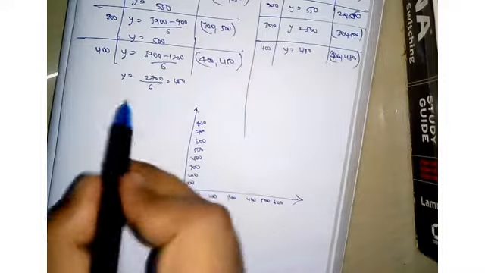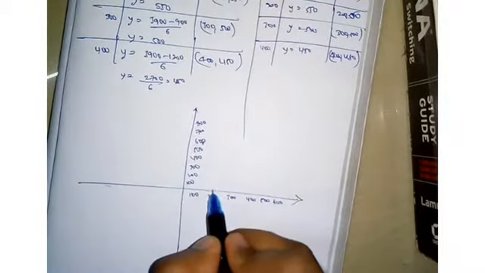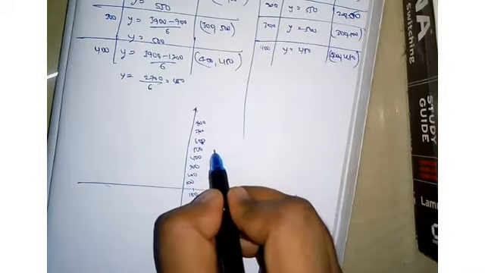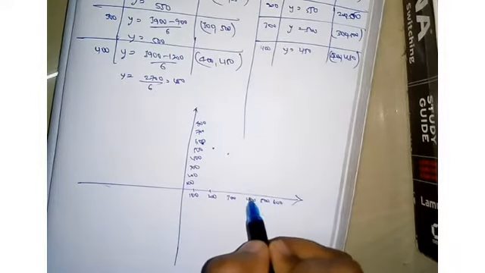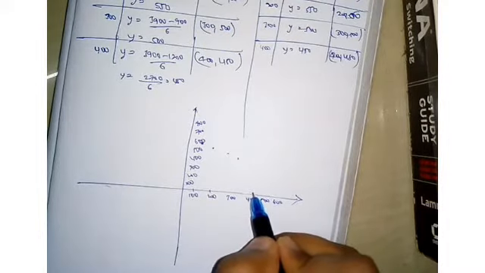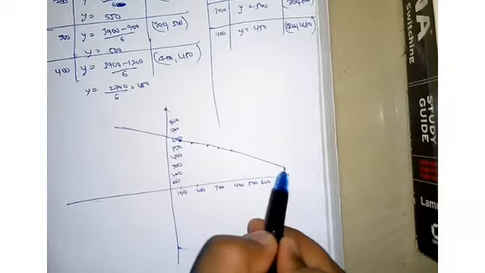So if you plot these points, the first point is 100 comma 600. So it will be somewhere here. Next is 200 comma 550, somewhere here. 300 comma 500, somewhere here. 400 comma 450, somewhere here. If you join these points, you get a line like this.